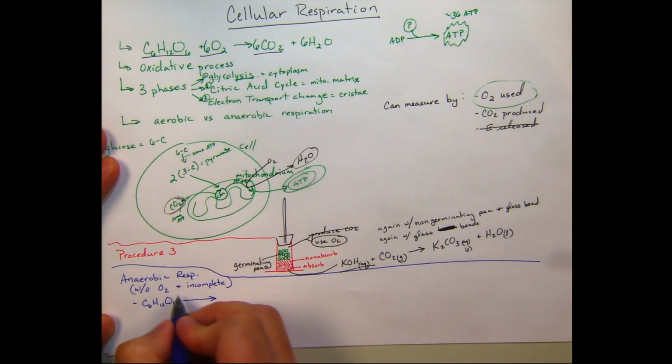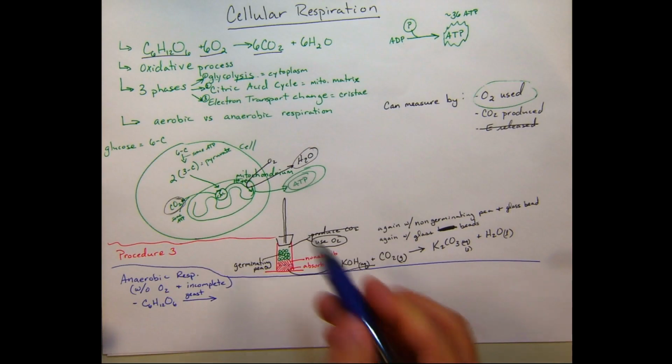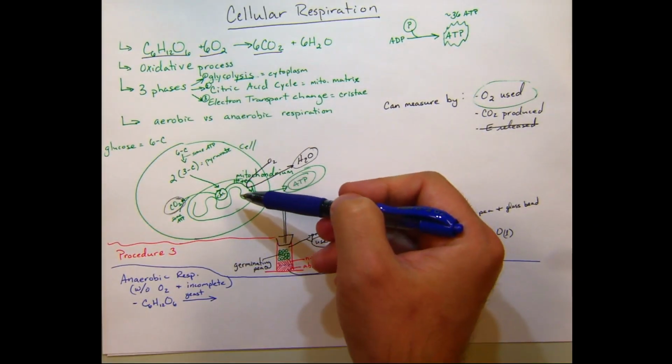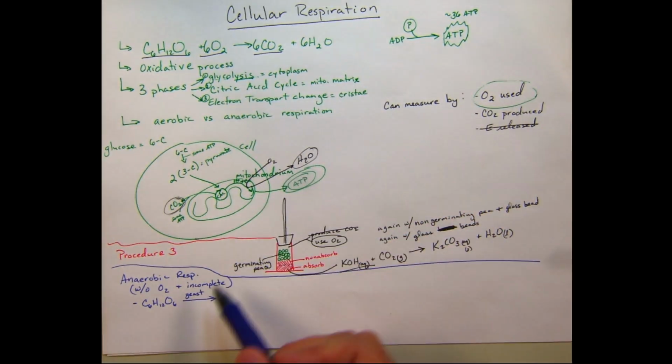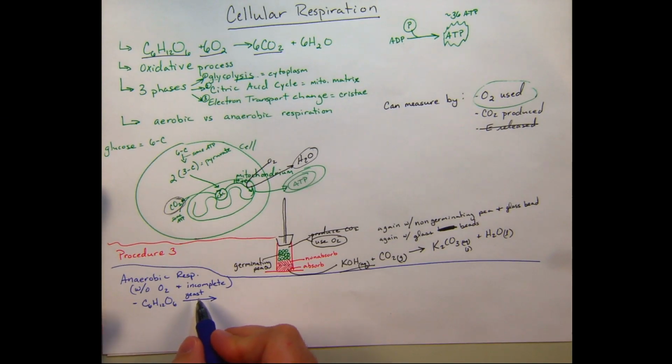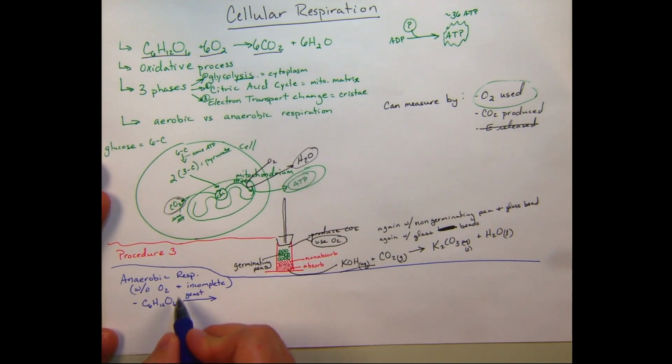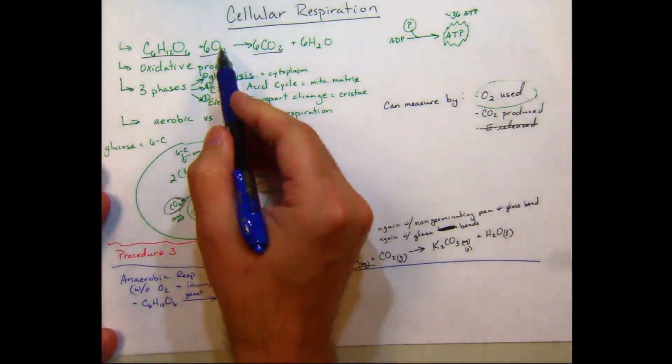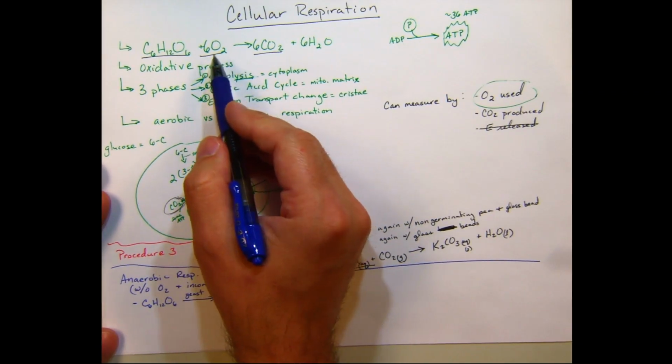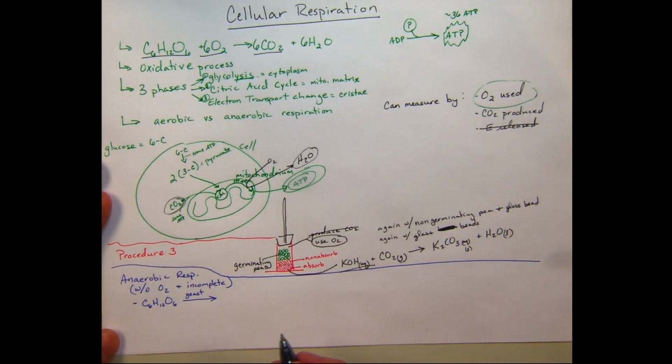And we are going to use yeast. We need some type of living thing for aerobic respiration. So that's where we use the peas. Now for this, we're going to use yeast as our source of anaerobic respiration. But it needs the sugar. Now for this, we will not be adding oxygen. There's no oxygen there. Usually if it's underwater, there's not a lot.